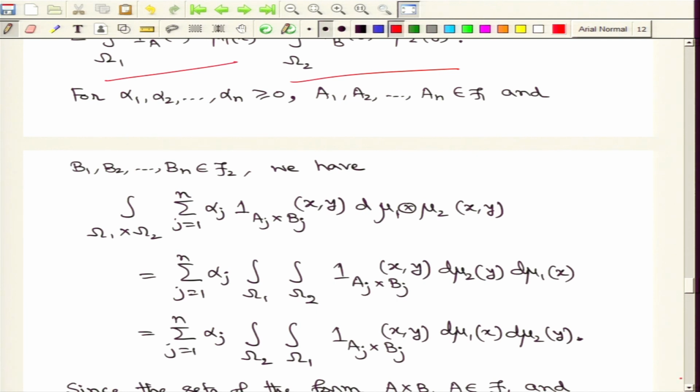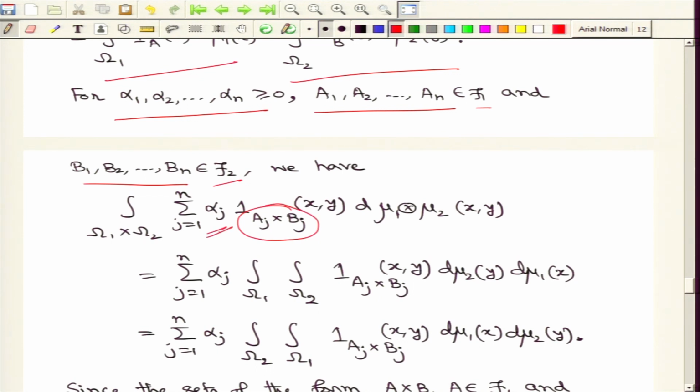So, here what we do, we first choose certain non-negative scalars alpha 1, alpha 2, up to alpha n, and we choose these sets A1, A2, up to An from the first sigma field, B1, B2, up to Bn in the second sigma field. And therefore, we can look at indicators of A_j cross B_j.